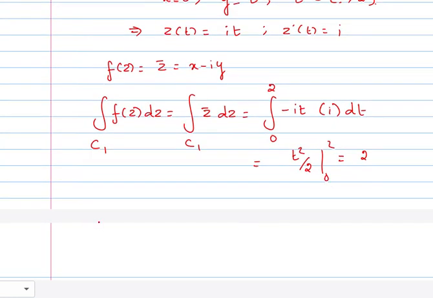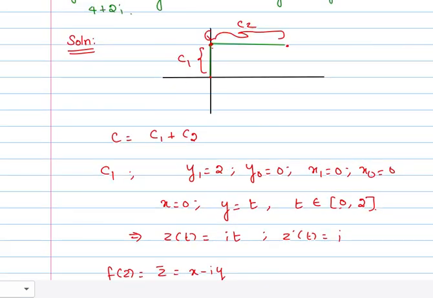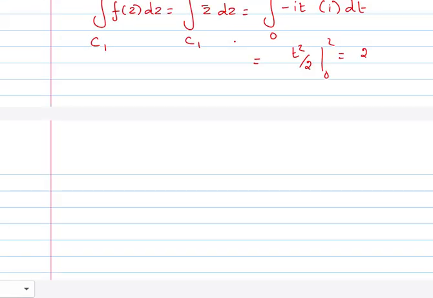The second curve I want to find. The first point is 0 plus 2i, and this point is 4 plus 2i. Here also y is constant, parallel to the x axis.